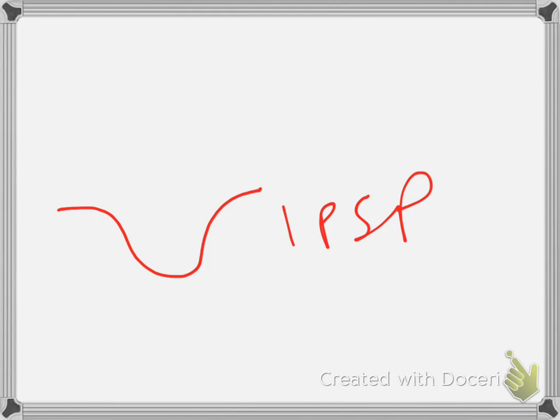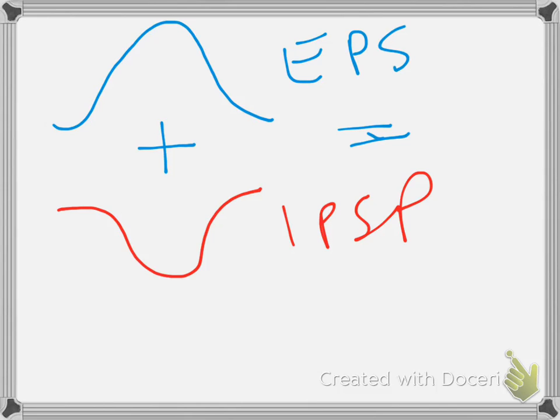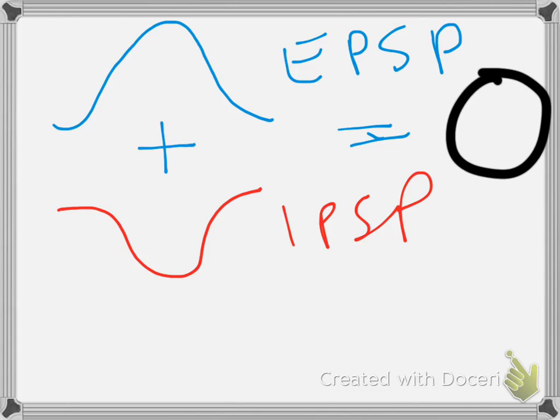I want to discuss for a minute the concept of summation. If you have an inhibitory postsynaptic potential combined with an excitatory postsynaptic potential, these two could add up. You have an EPSP and an IPSP. They could add up to be 0.